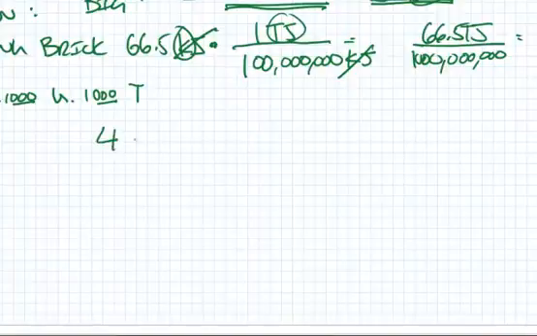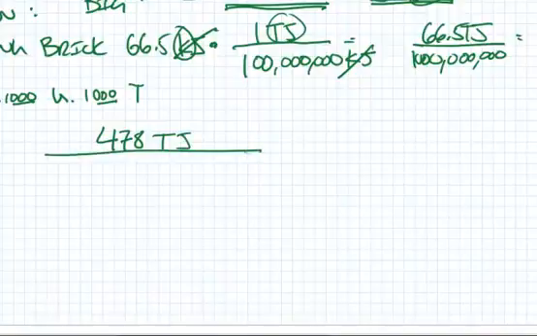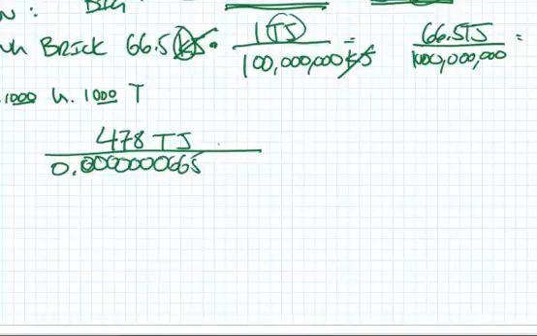So we put 478 terajoules in the numerator, divided by 0.0000000665 terajoules.